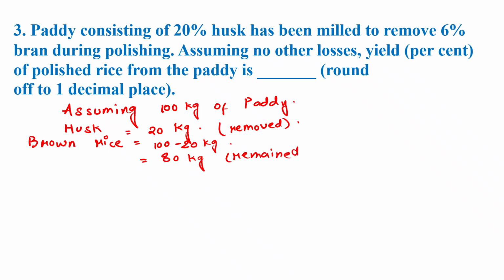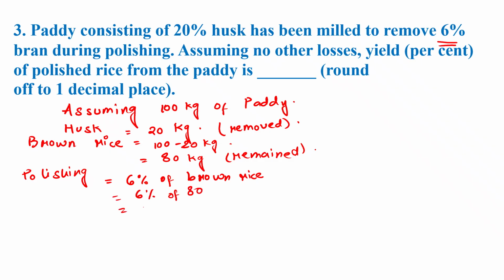Now, polishing has been done, and in polishing we'll just remove the bran layer, and it is 6% of my brown rice. So 6% of 80, 6 by 100 into 80, that is 4.8 kg.